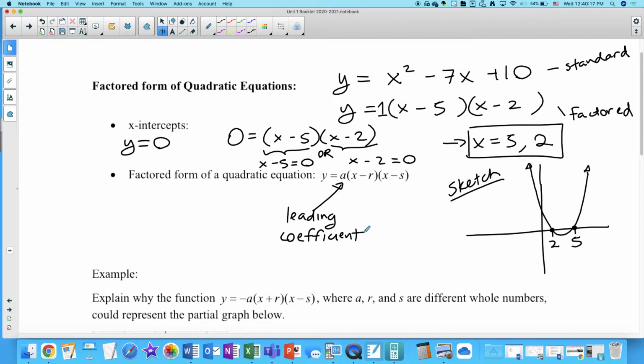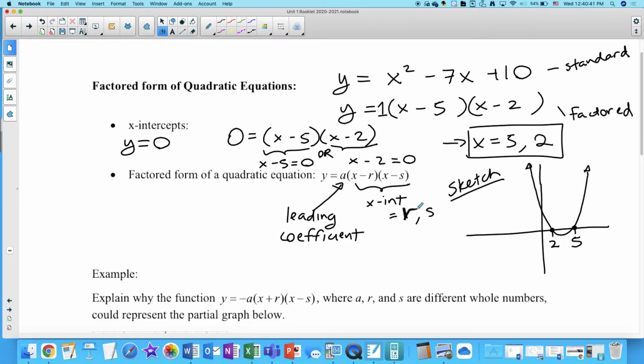These two factors tell me about the x-intercepts of the function. And in this case, you would have one at x equals r and one at x equals s, because r minus r is 0 and s minus s is 0.